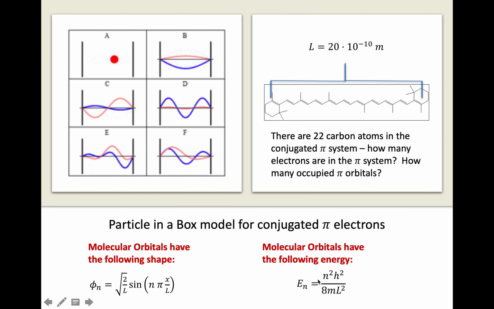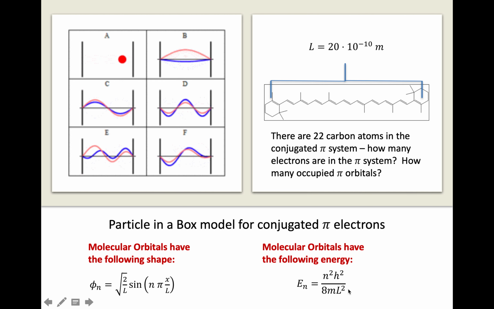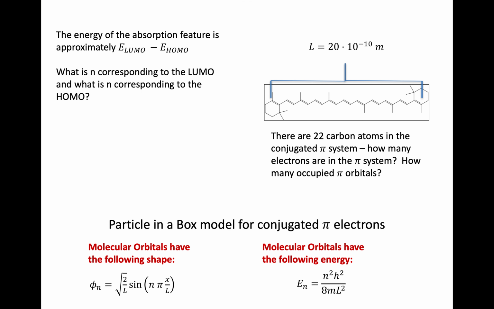So in essence, we need to evaluate 2 energy eigenvalues, right? One where n is equal to 11 and L is equal to 20 angstroms, and one where n is equal to 12 and L is equal to 20 angstroms. Okay. And the difference between those 2 energies is what we're going to be calling the HOMO-LUMO gap, right?